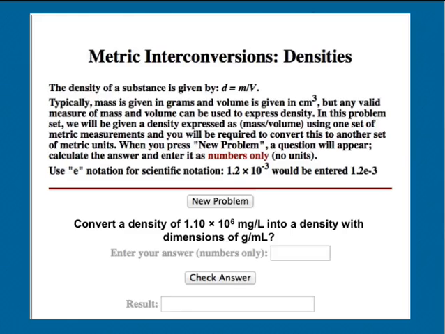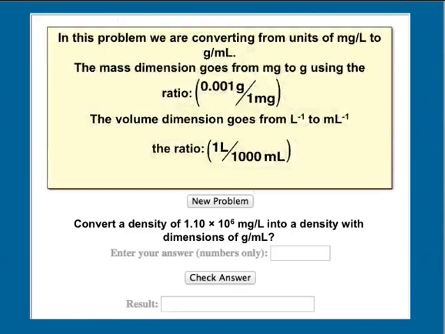Our first one, from grams to milligrams. This is a ratio that we could write: 10 to the minus 3 grams is the same as 1 milligram.